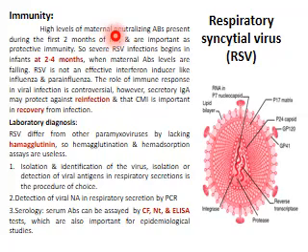Third, serology. Serum antibodies can be assayed by complement fixation, neutralization, and ELISA techniques, which are also important for epidemiological studies. As we know, the ELISA technique can detect antibody and antigen, but here only serum antibody is mentioned.